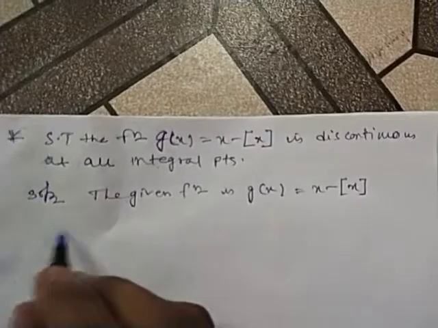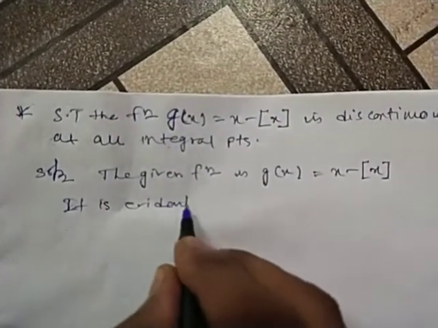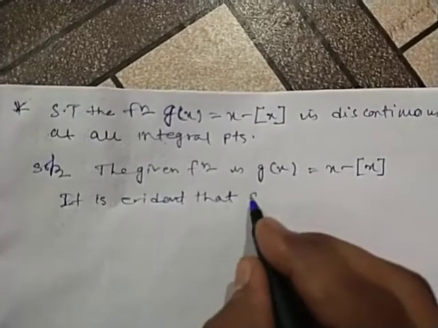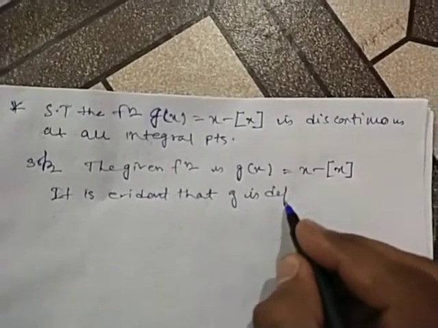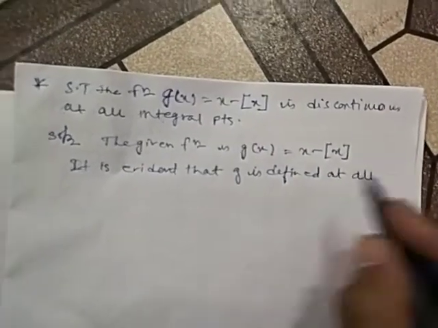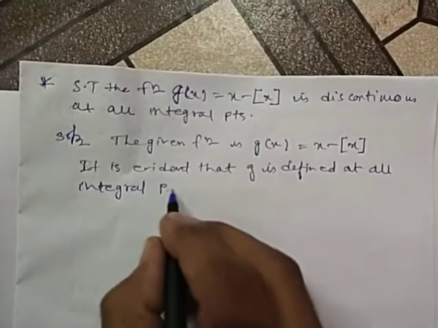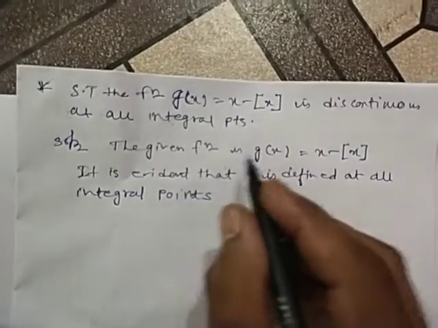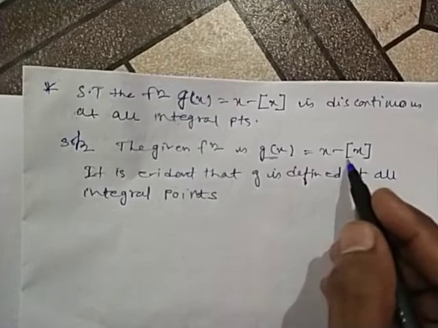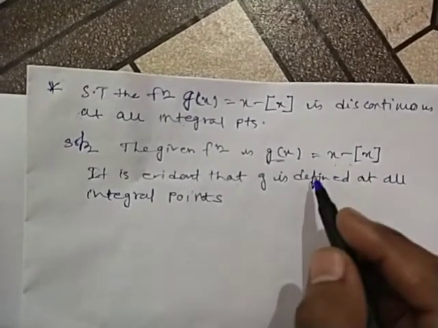Similarly we will write, it is evident that g is defined at all integral points. The function g is defined always. It may be continuous, it may not be continuous, but it is always defined.